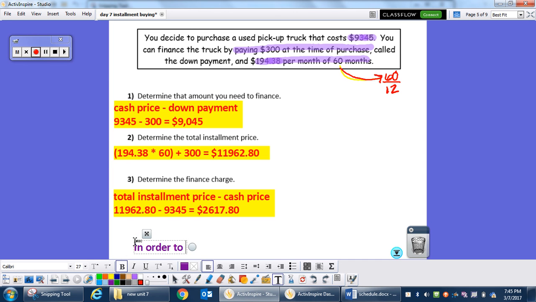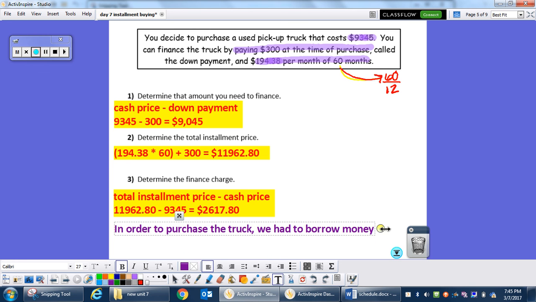So, if you need to make some sense of this, in order to purchase the truck, we had to borrow money. Okay? So, we had to borrow money, which means the bank charged us $2,000.